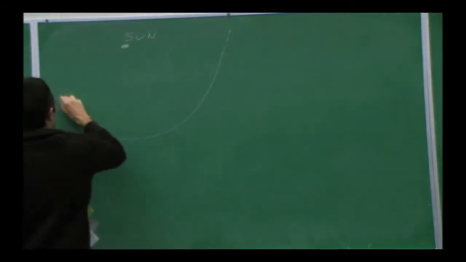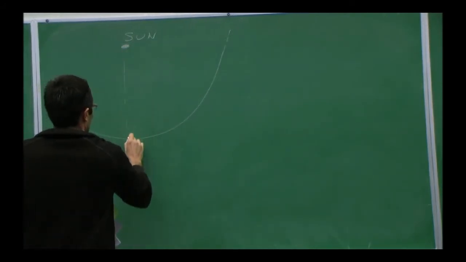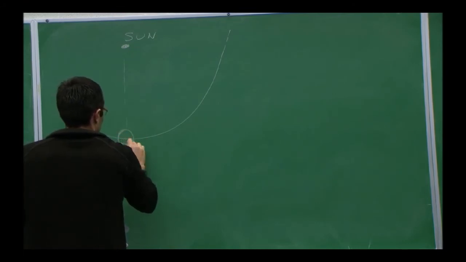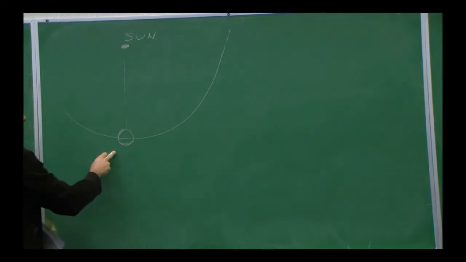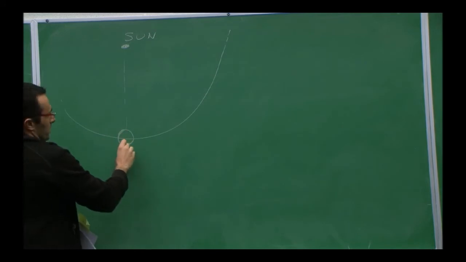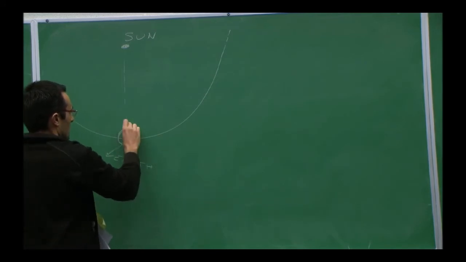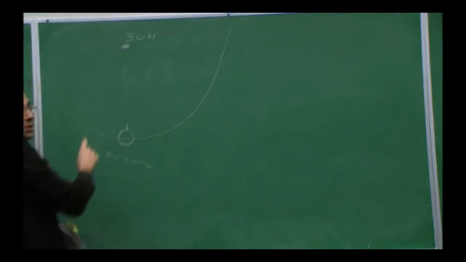And so what is really happening is the following, actually. If this is the sun, and this is your orbit of the Earth around the sun, now, what we call a day, or 24 hours, is the time it takes for an observer on the Earth, so this is the Earth, right, to see the sun in the same position.